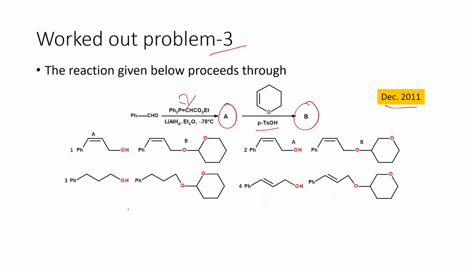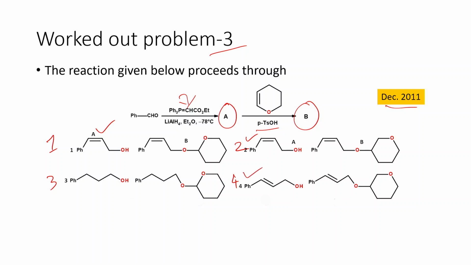And if you look at the combination of 1, 2, 3 and 4, where A is the intermediate and B is the final product, 1 has the allylic alcohol unit, 2 also has the allylic alcohol unit, and 4 also has the allylic alcohol unit.